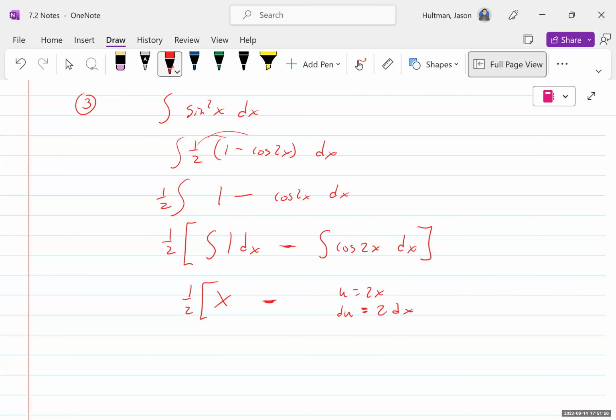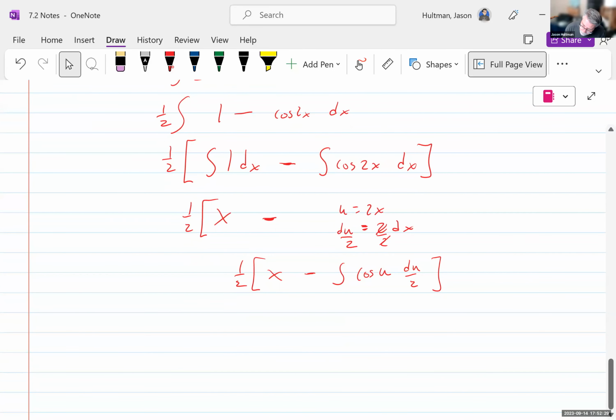Yep, exactly. Divide by 2, and we get du over 2. So this is going to be the integral of cosine u times du over 2, minus that from the x, and then we have the 1/2 on the outside.